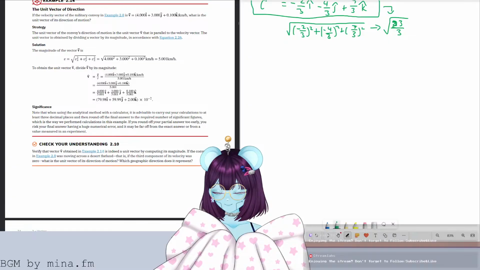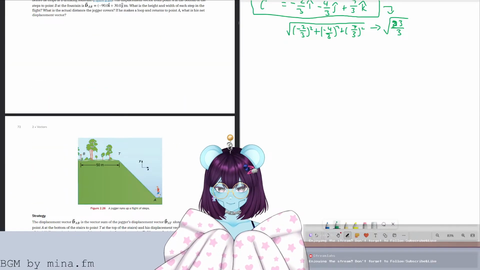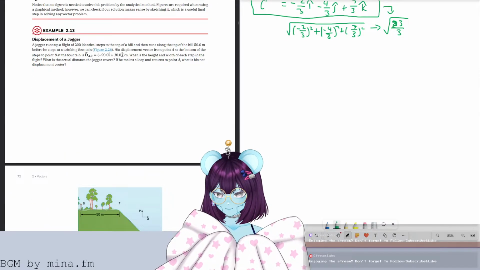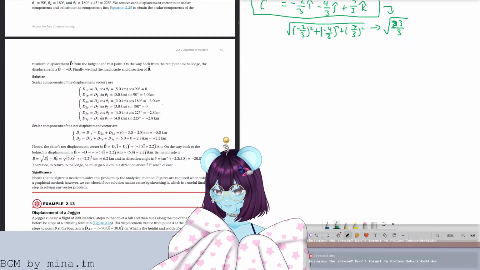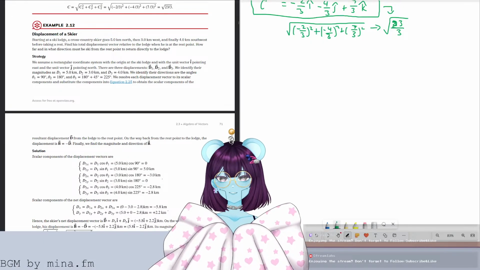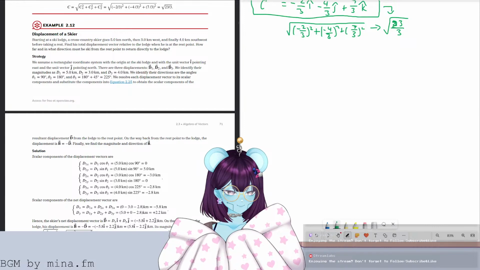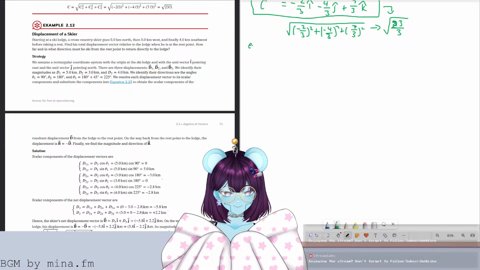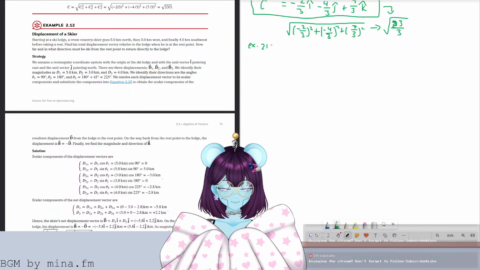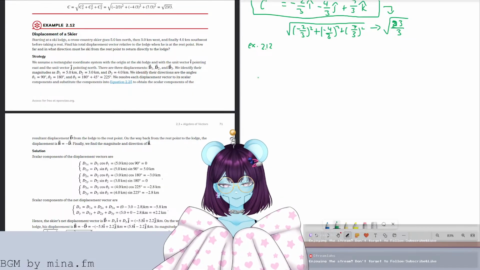But yeah, we're almost done with this section, which means we're almost to position, velocity, and displacement. Which to me feels more like physics. This kind of just feels like annoying math that you need to learn to do the physics. But it's still a good review for me, certainly.